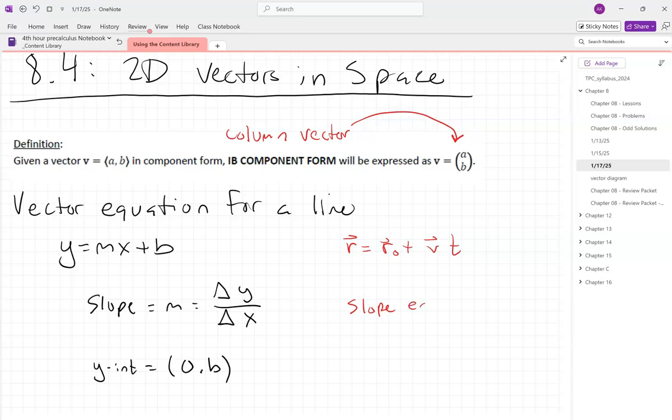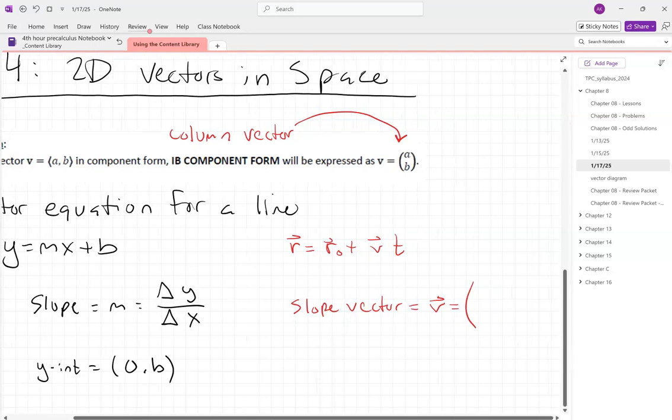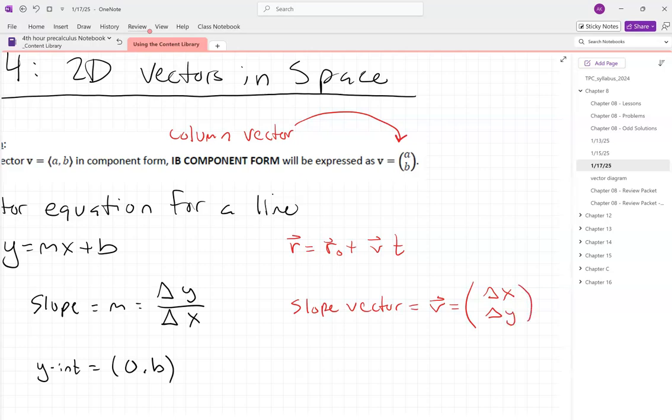So just like an equation for a line, our vector equation has a slope, but this time it's a slope vector. That's v, which in the case of our slope would be like the change in x over change in y.